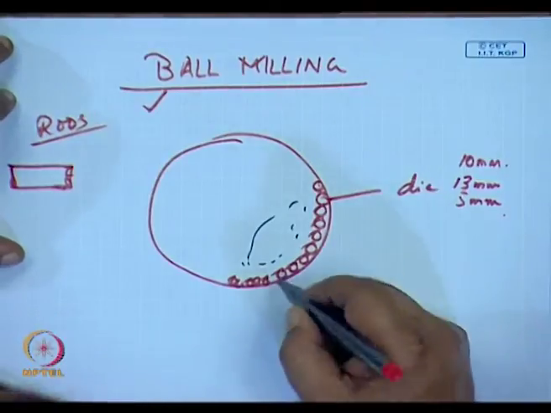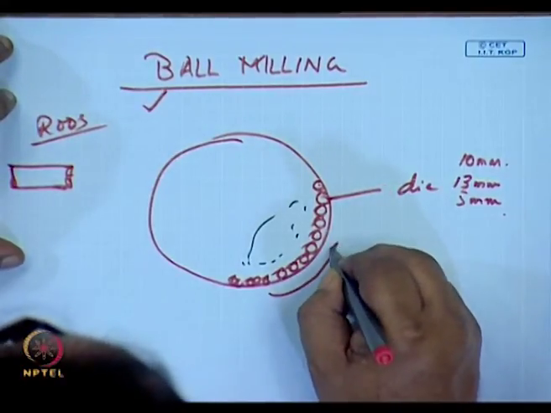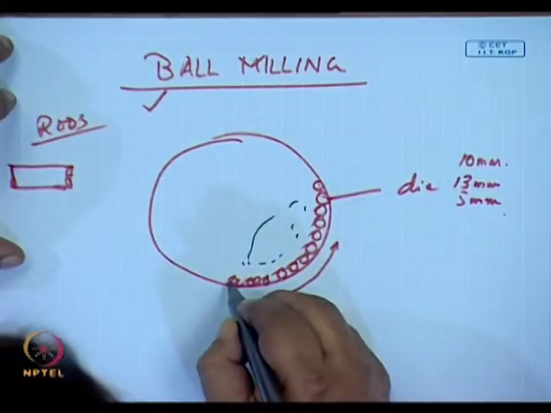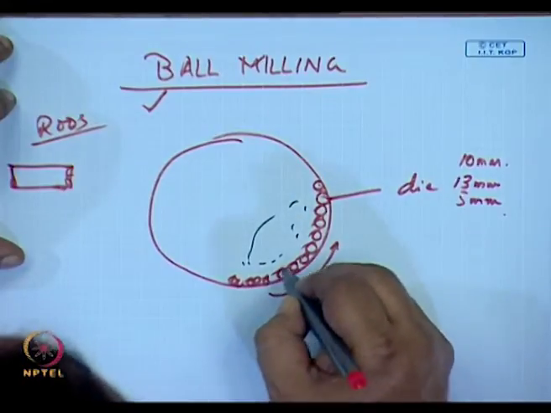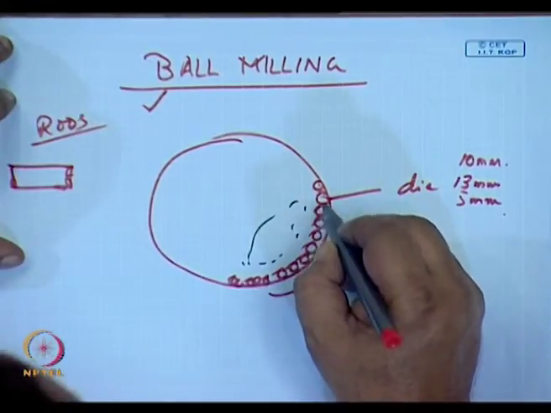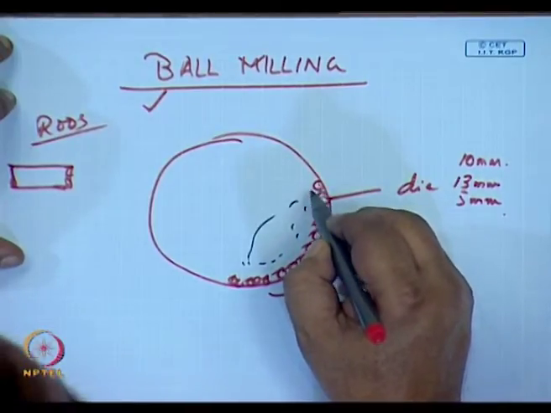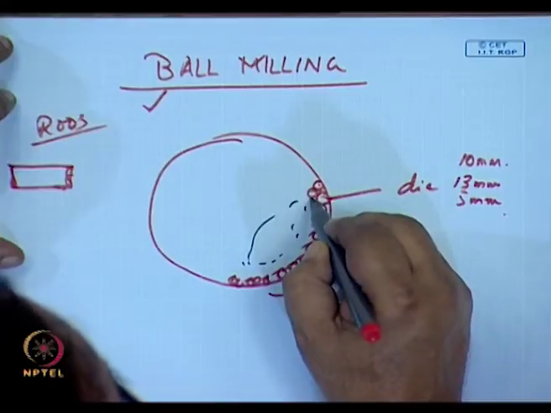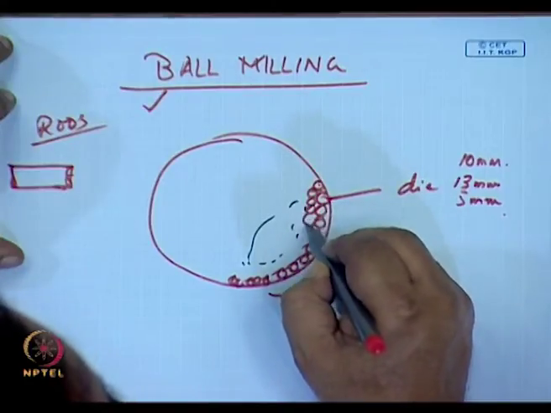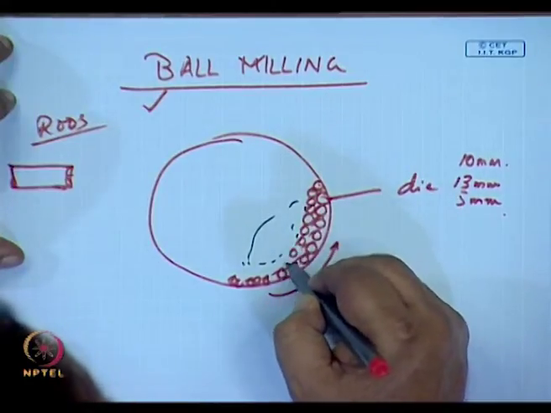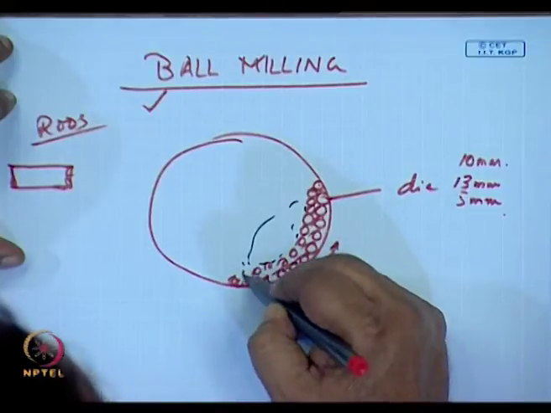Now what happens? As this outer cylinder rotates, these balls also keep rotating in the counterclockwise direction, and they keep going up till gravity overtakes. At that point of time, they start falling down. So this is a continuous process.